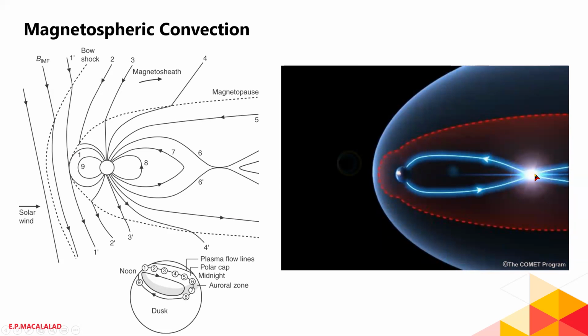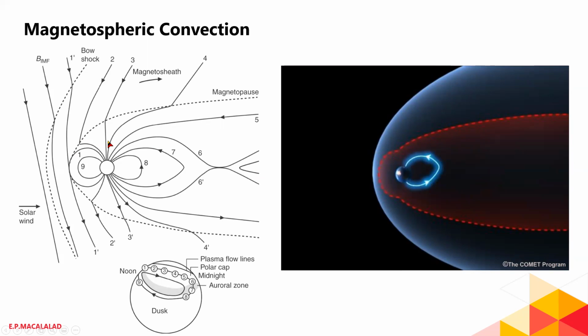The field line that emerged from this reconnection will now be part of the solar wind field line. The newly closed field line moves toward the Earth, then around to the day side of the Earth, and from there the process begins again. So that's the overall configuration of what happens to the magnetic field lines once a southward pointing solar wind field line, or interplanetary magnetic field line, interacts with the Earth's magnetic field.